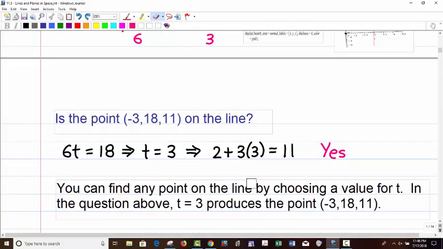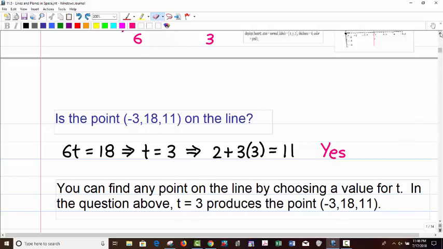Kind of what I did right here. There'll be some circumstances where we need to find a point on the line given the parametric equations. Well, that's really easy. Just pick any value of t. Now this was just a case of having to use 3 because of that 18 to produce that point.